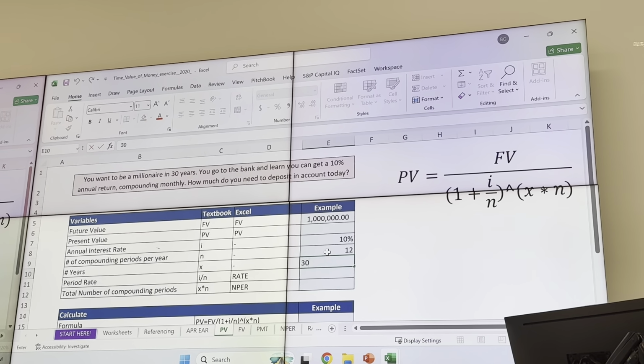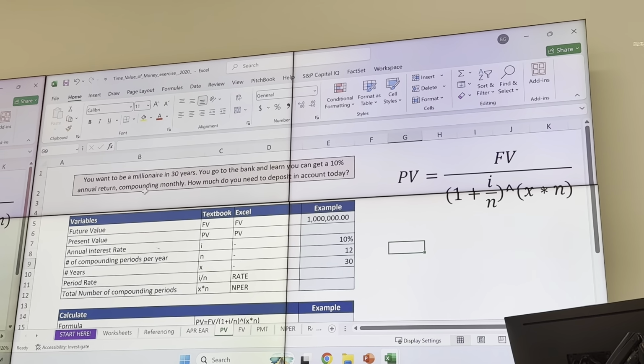Number of years is 30, okay? So it has been said, number of compounding periods per year is 12. Number of years, it is mentioned, I want to be a millionaire in 30 years. The main thing is inputting all the values in the Excel sheet, right? This is the data that I have been provided from the question.